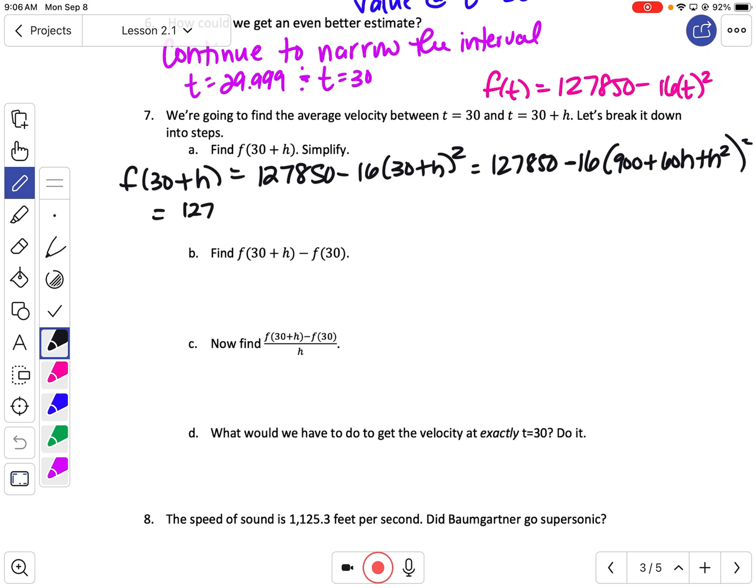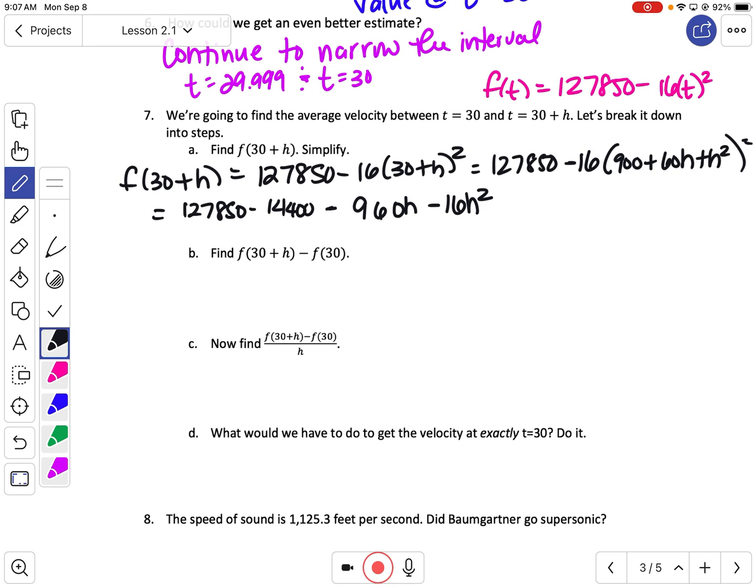Okay, so 127,850 minus, if I multiply the 16, 16 times, I don't have my calculator. What's 16 times 900? 14,400. And then minus 16 times 60, that'd be 960h, and then minus 16h squared.